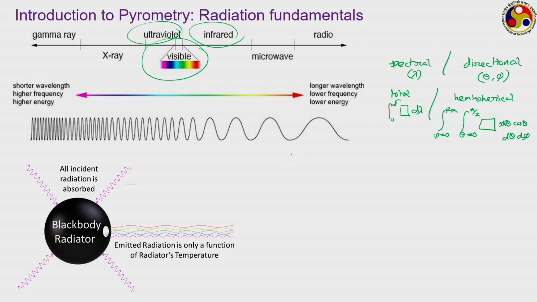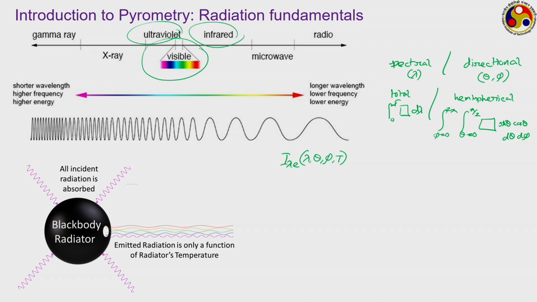Now, if I lambda E refers to the intensity of emission coming out of a surface with a wavelength of lambda, then this is generally a spectral directional variation, because it depends on lambda, theta and phi, or to be more specific, it also depends on the temperature of the surface. So, this is a spectral and directional quantity.